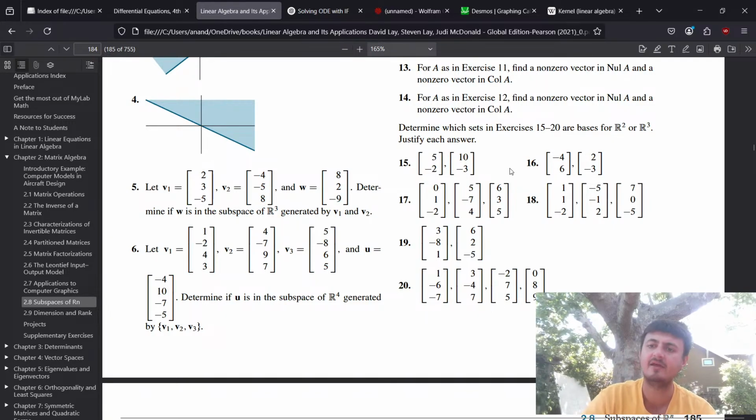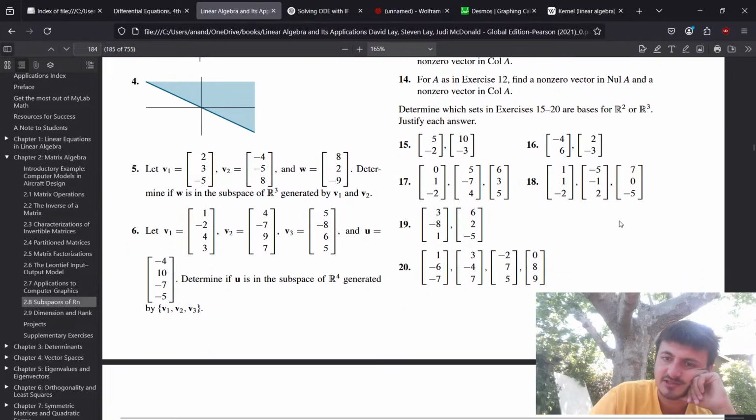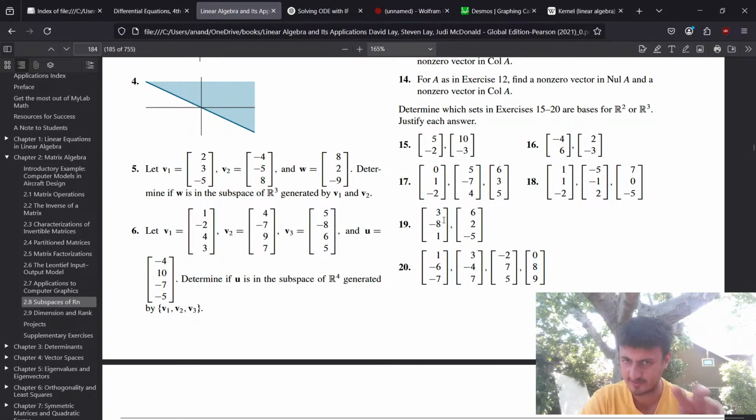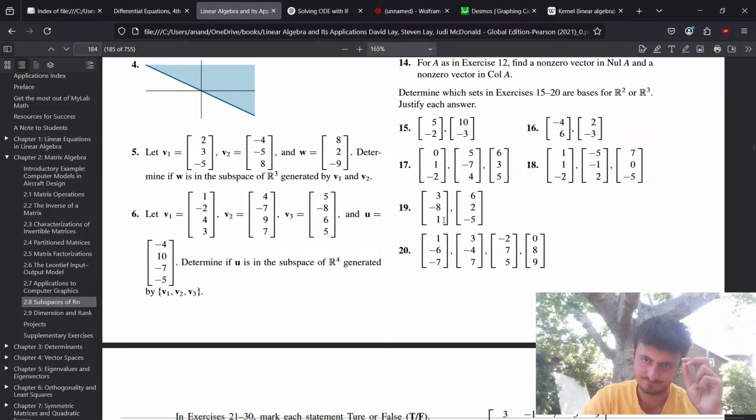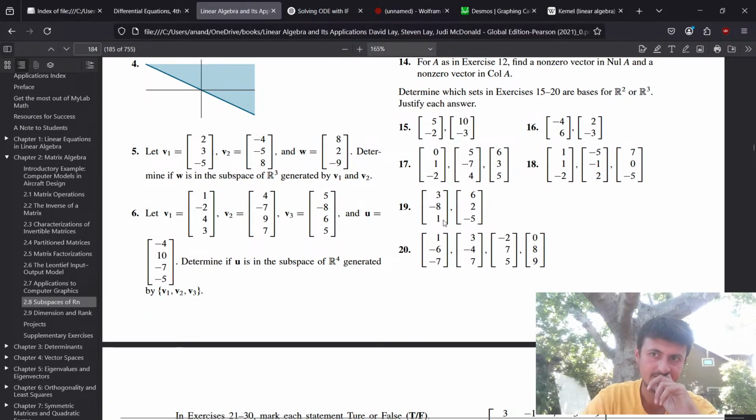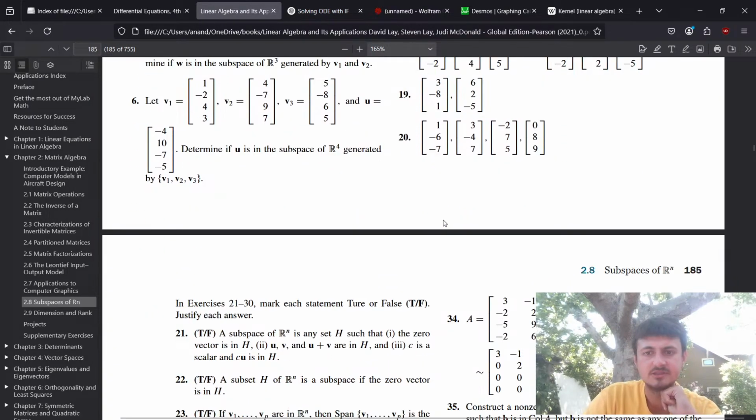You can't get everywhere in R2 from that. I'm not doing the 3s. That's too much work. This one spans a two-dimensional subspace of R3. So no, it's not a basis for R3.